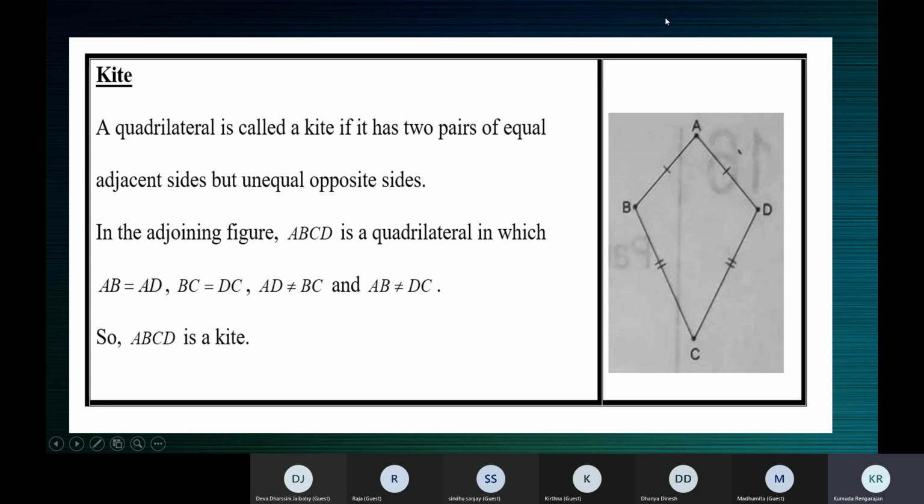Please understand this. Just remove the word adjacent and read two pairs of equal sides. Do we agree? Yeah, it has two pairs of equal sides. Two pairs of equal adjacent sides, not opposite sides. But opposite sides are unequal.